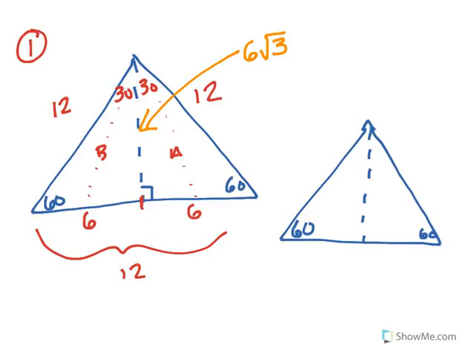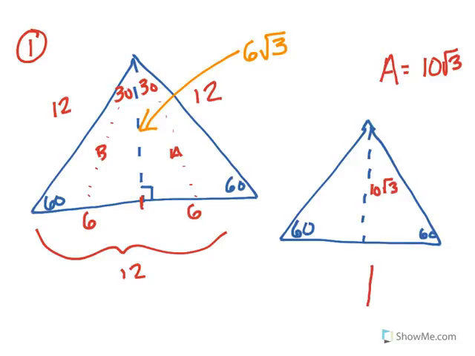So what happens if they start with the big leg? Let's say this thing has an altitude, I'm just going to use A for altitude, of, let's say, 10 radical 3. Okay, so that means I'm going to put 10 radical 3 here.